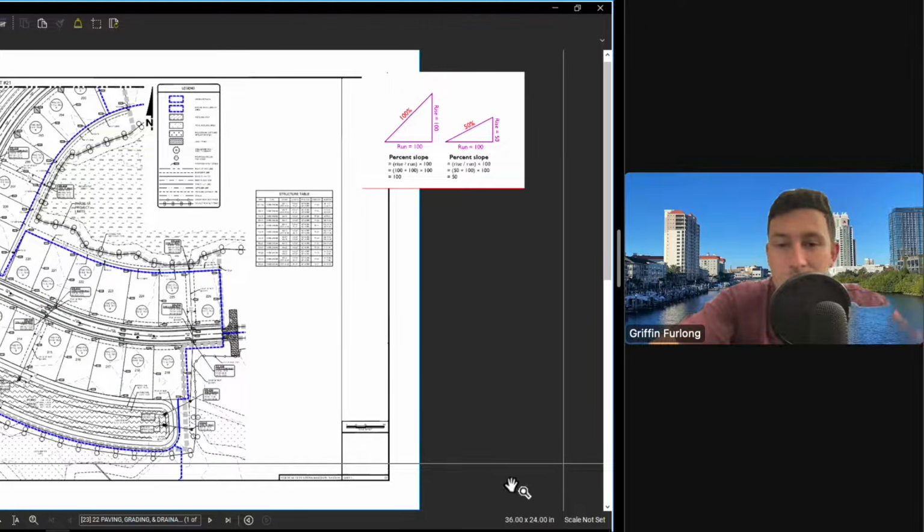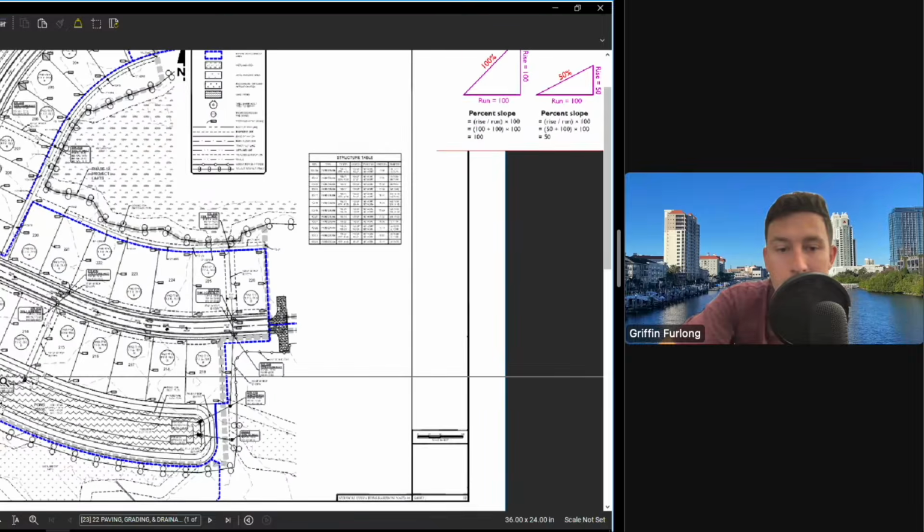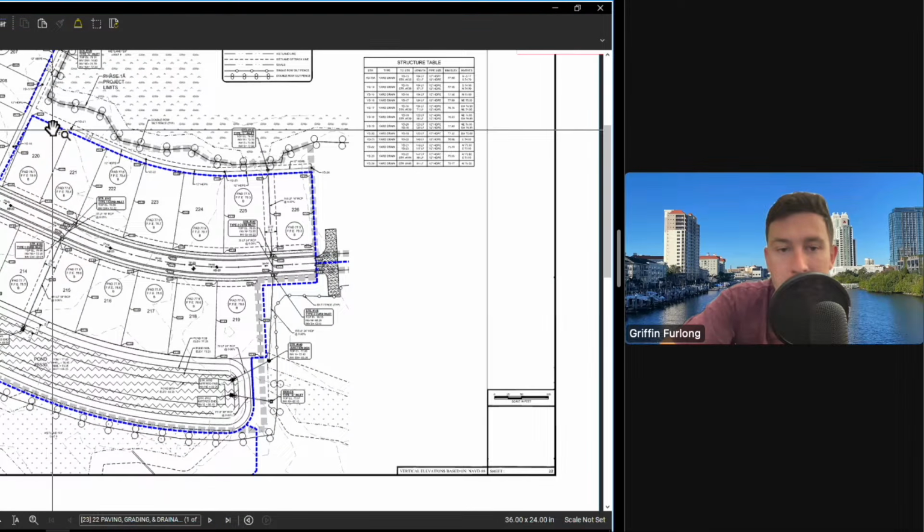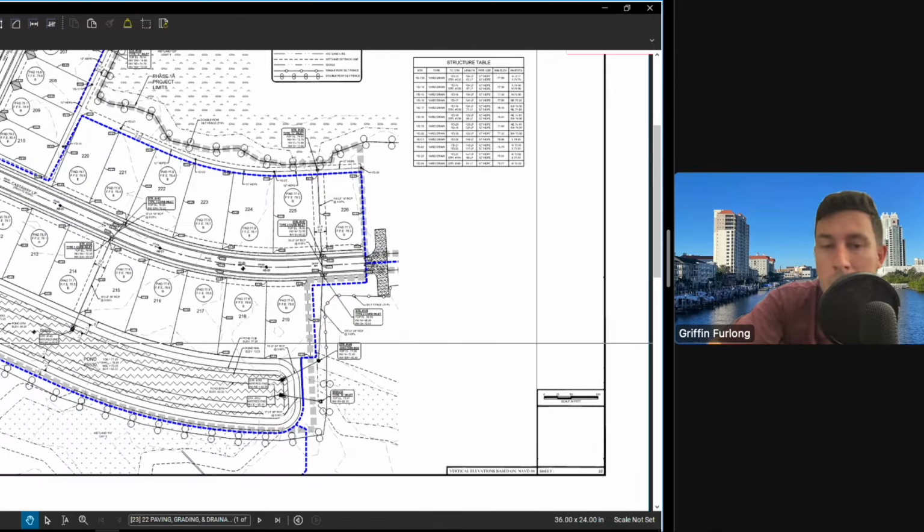So let's dive into some construction plans here. Here we have a residential neighborhood where you notice this dashed blue line. Well, that's the basin. If you know anything about basins, a basin is where we are collecting water into a storage unit. The storage unit in this case is the pond.